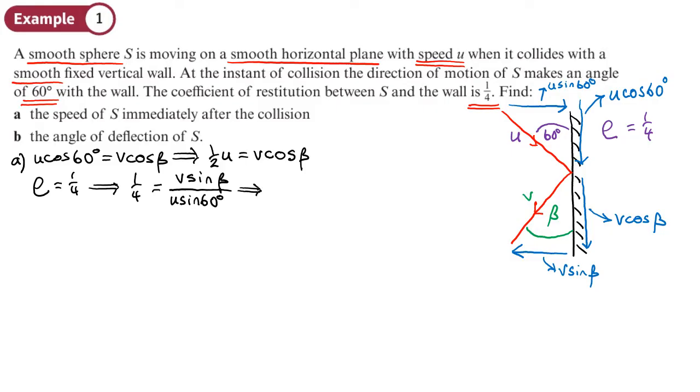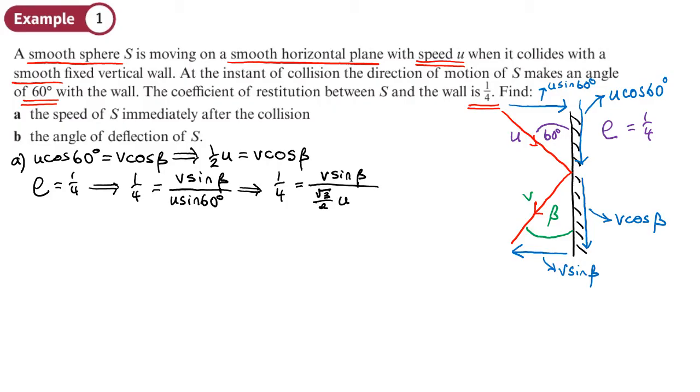So let's just work out what sine 60 is, see if we can simplify it a bit. So sine 60 is √3/2. So I'll have 1/4 equals v sine beta over √3/2 u.